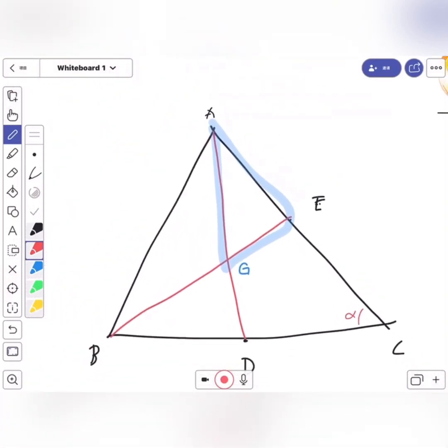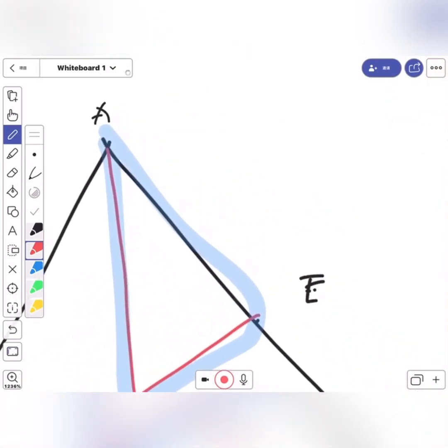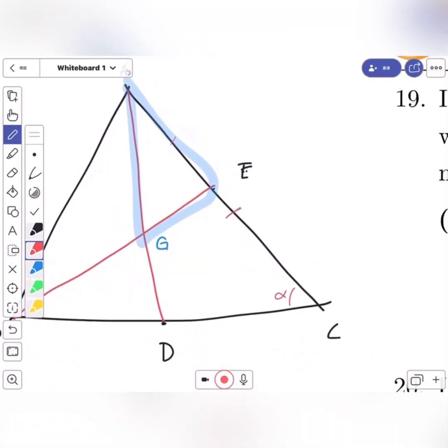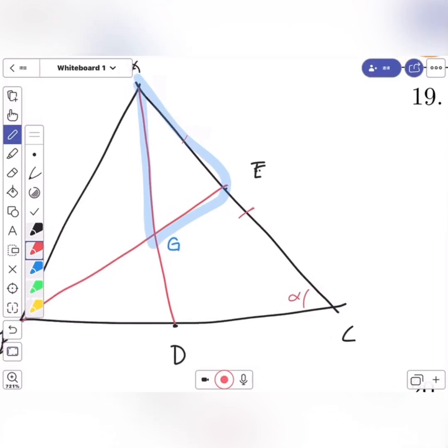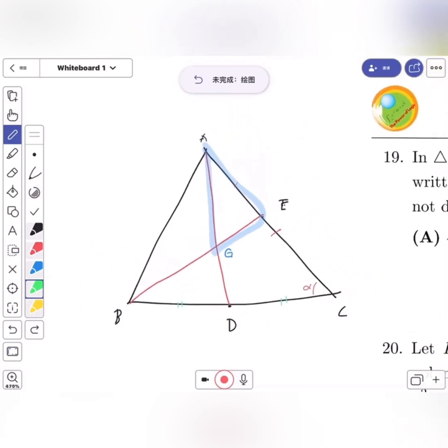So for this problem, we first want to consider the relationship between medians. If we have medians, then because E is the midpoint of AC, AE is equal to EC, and analogously BD is equal to DC, because D is also the midpoint of BC.